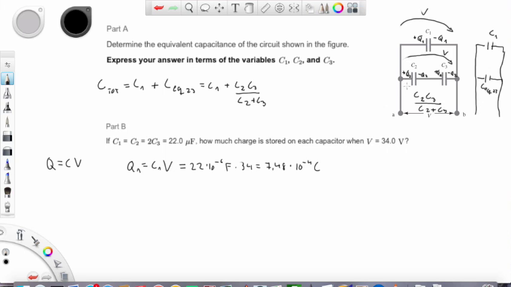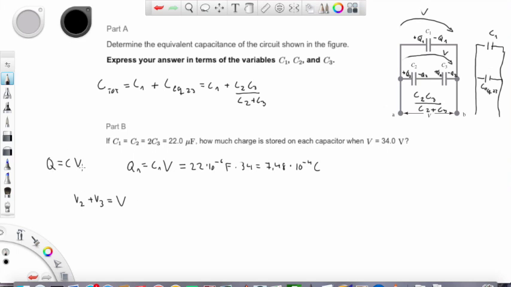What about the other two? We know that the total potential difference over C2 and C3 must equal V. So we can say V2 plus V3 must equal V. What is V2?